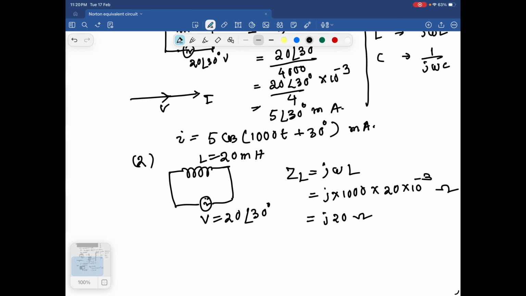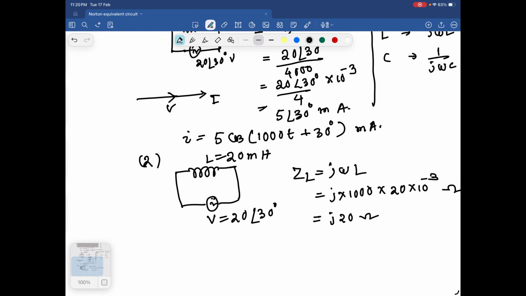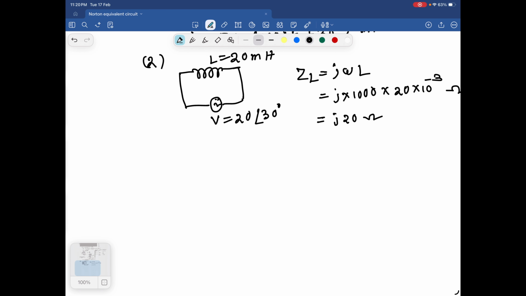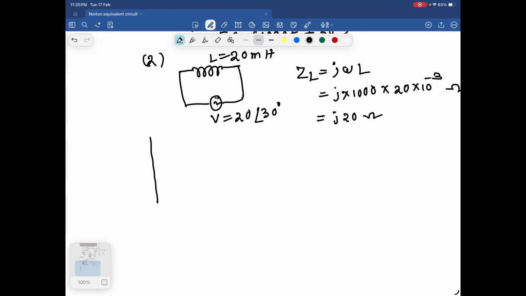I am explaining this portion. If you draw two perpendicular lines, say X dash Y dash, and you move 90 degree from X to Y axis, this is the j axis.